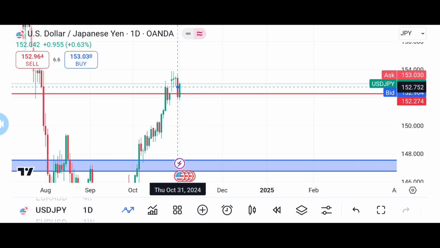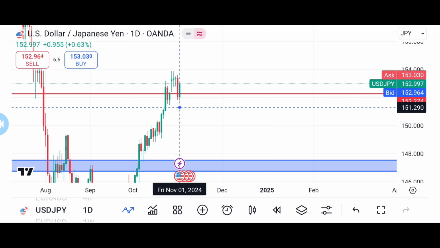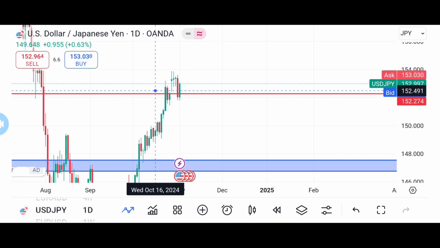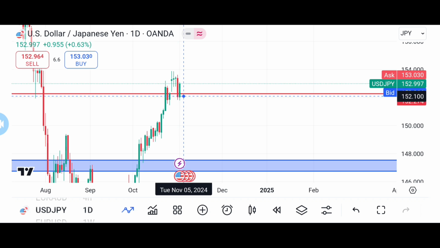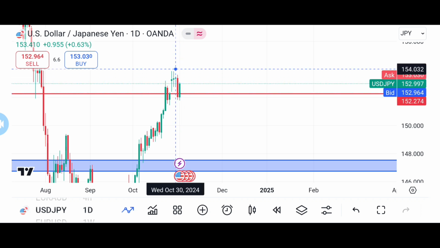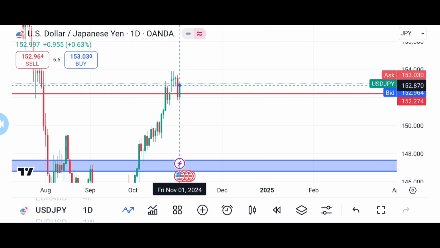Okay guys, we are looking at this zone for two possibilities. Are you together? The market may either go up or come down.